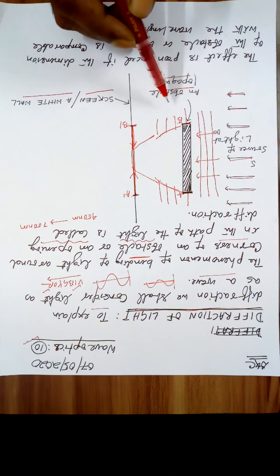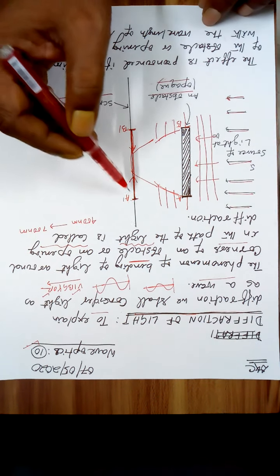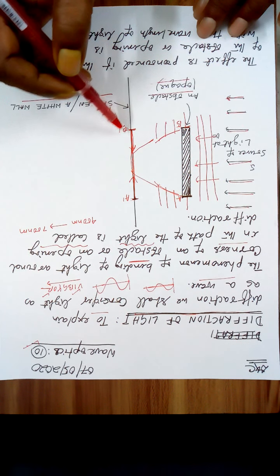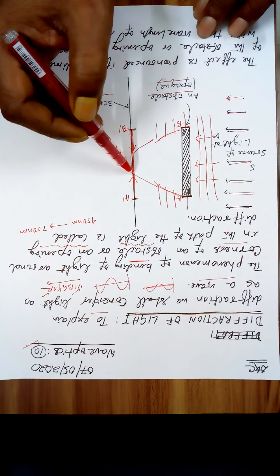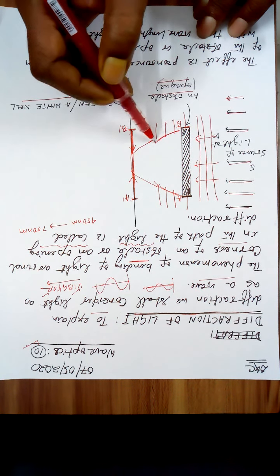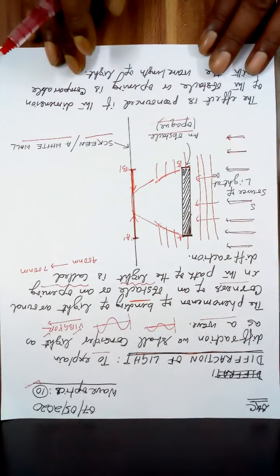So due to bending of light, the shadow, which should have been completely dark, that is from A dash to B dash, is not completely dark. Some amount of light is falling here, and some amount of light is also falling here due to this bending phenomenon. This bending phenomenon is called diffraction of light.